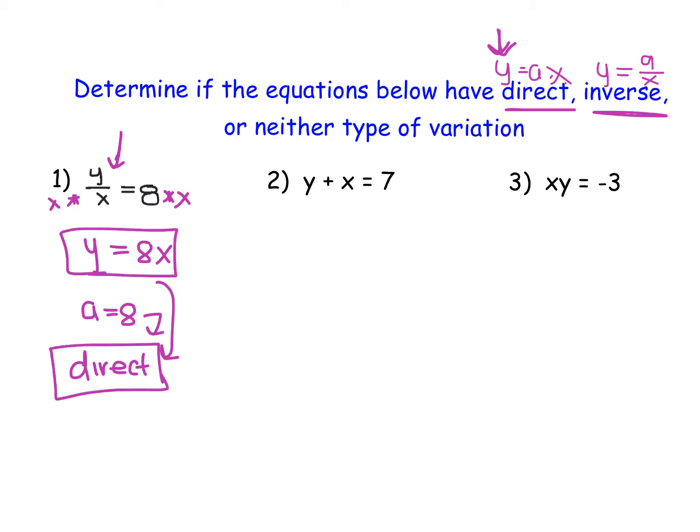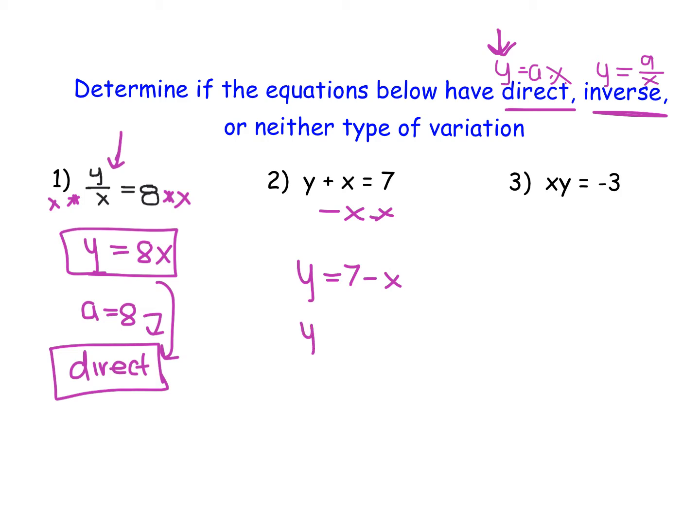Now if I look at example 2, I'm going to start by getting y alone, so I subtract x from each side. So I have y equals 7 minus x. Well, when I look at my two types of equations, this doesn't look like either type.